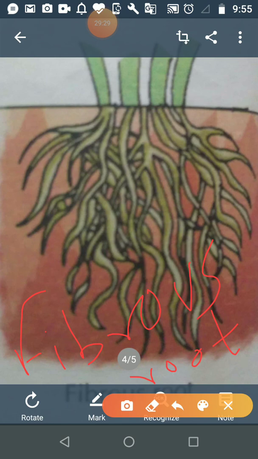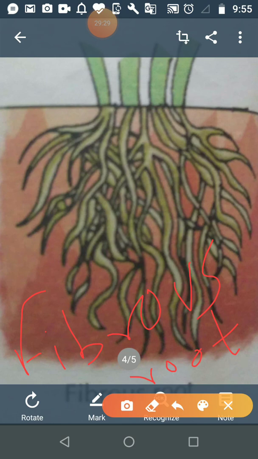In the same manner, plants take nutrients from the soil, and the most important nutrients needed by the plants for their growth are nitrogen, note down, phosphorus, potassium, calcium, magnesium, sulfur, etc. So students, that is the reason the root system is in touch with the soil.